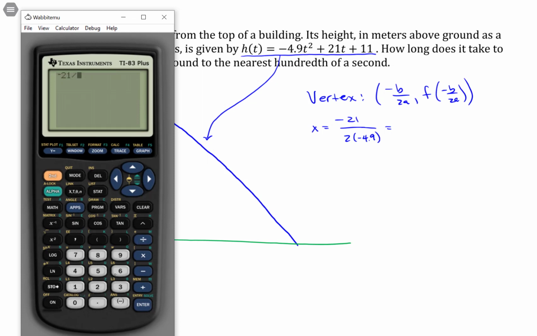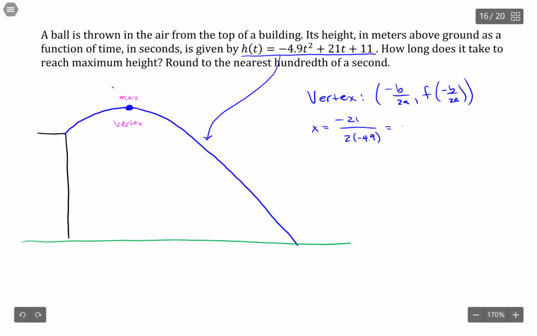So negative 21 divided by, I'll put in parentheses, 2 times negative 4.9. So 2.14. It was to the nearest hundredth of a second. So 2.14.